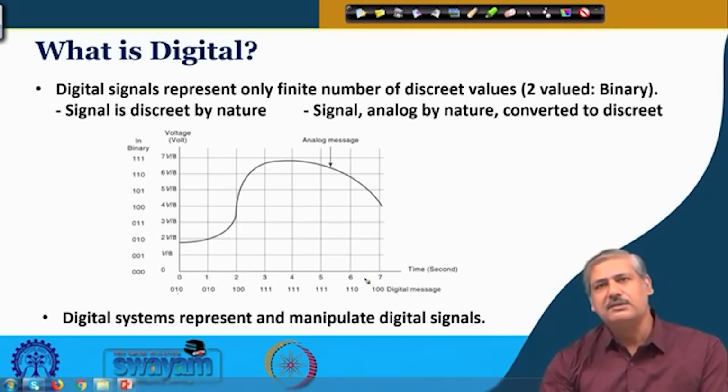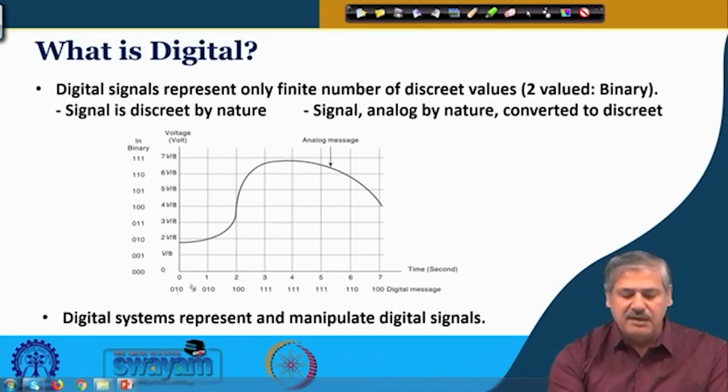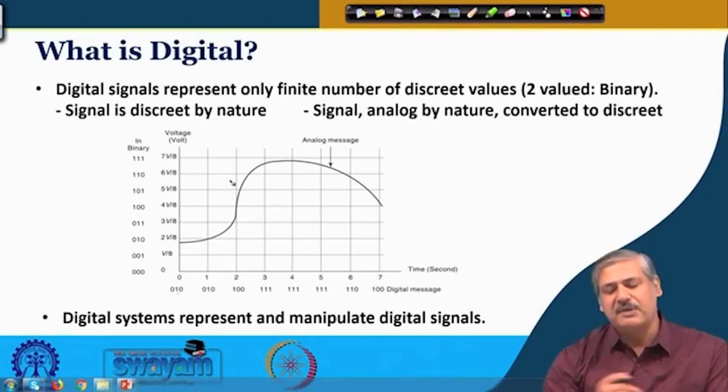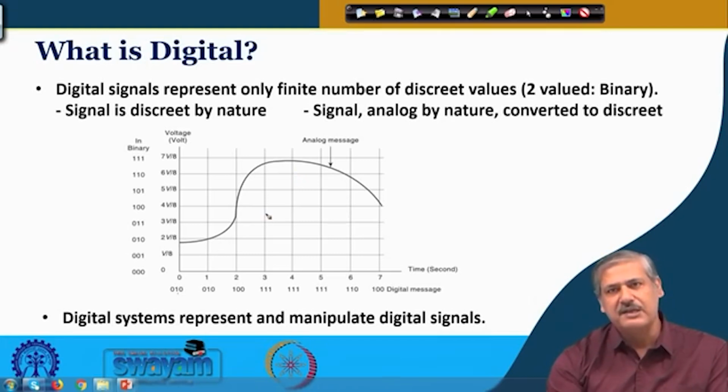Now, there are concerns like how close these time samples need to be to truthfully represent the analog signal. One way of looking at it is that we can reconstruct, we can get back the analog signal in the form that we have over here. So, we can reconstruct by interpolation of those samples.